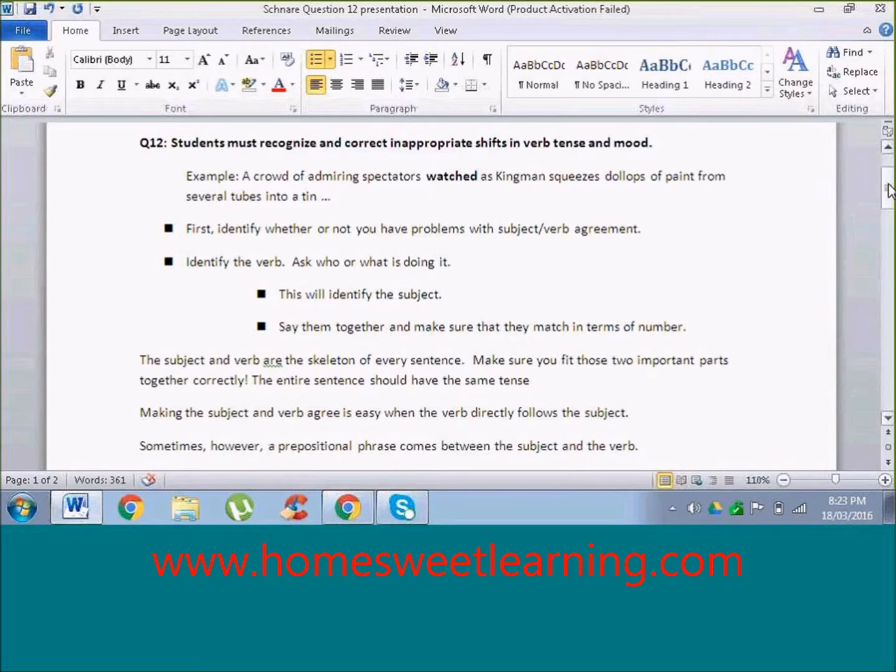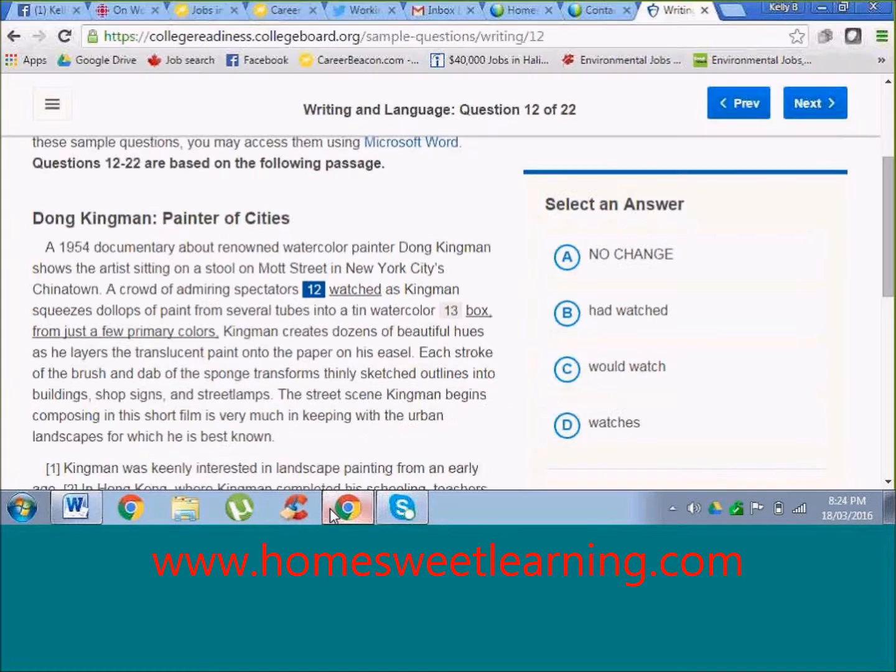We have to identify the nouns, we have to identify the verbs, and we have to identify how they agree and what problems we can really clearly identify so we can save time and go through the rest of the questions in a clear and confident way.